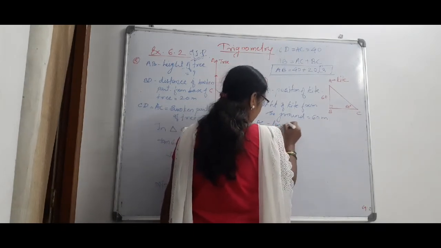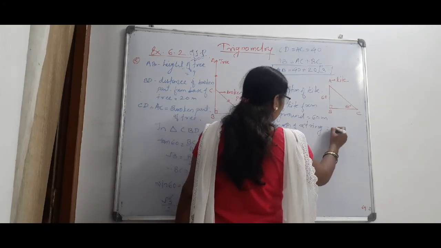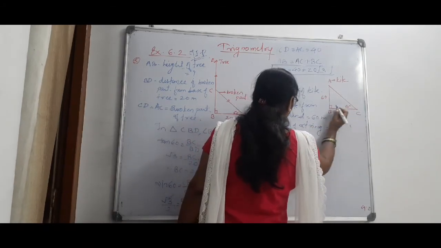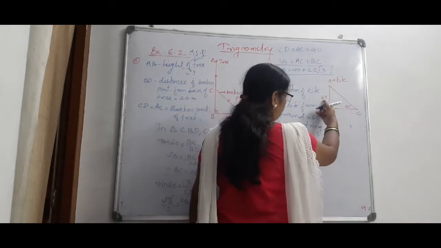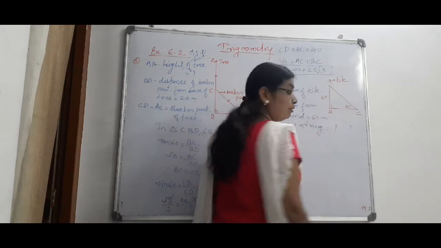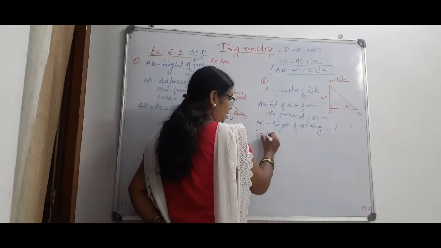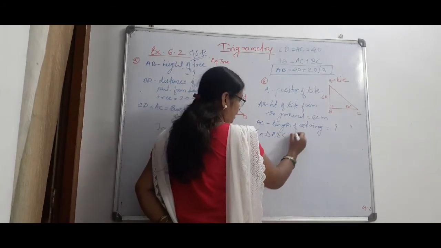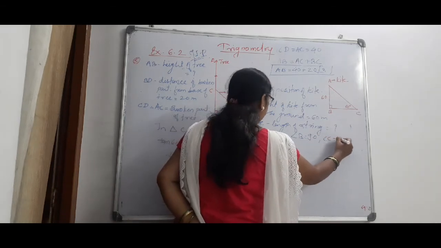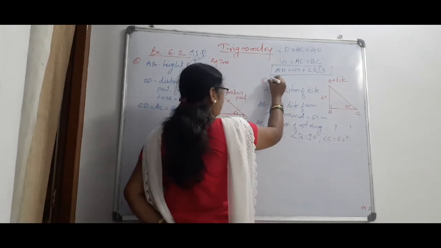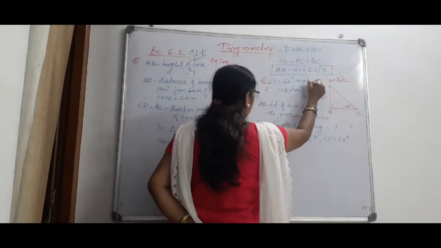Length of string, that is AC. Now see here, what is given? Opposite is given. You have to find out hypotenuse. In triangle ABC, angle B is equal to 90. Angle C is equal to 60, that is the angle of elevation.